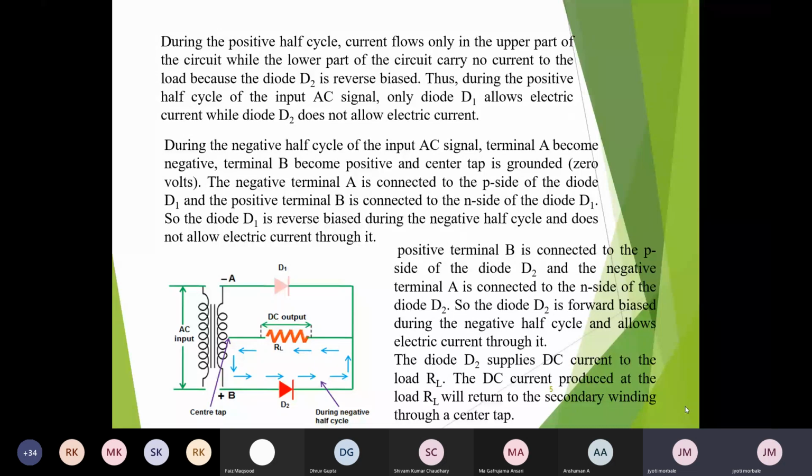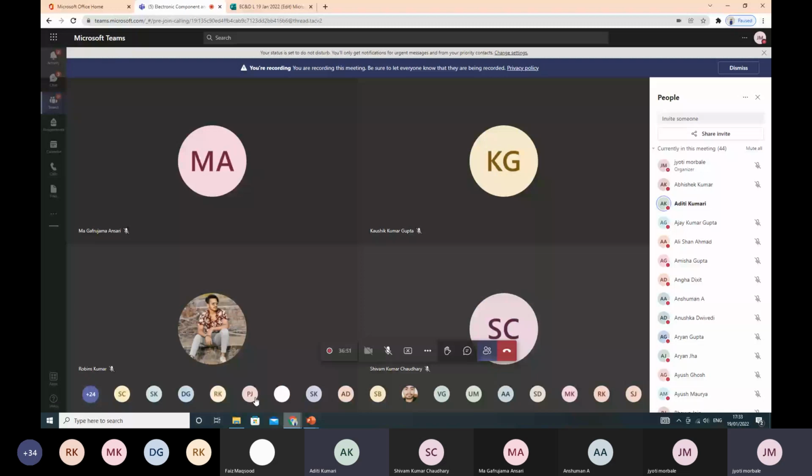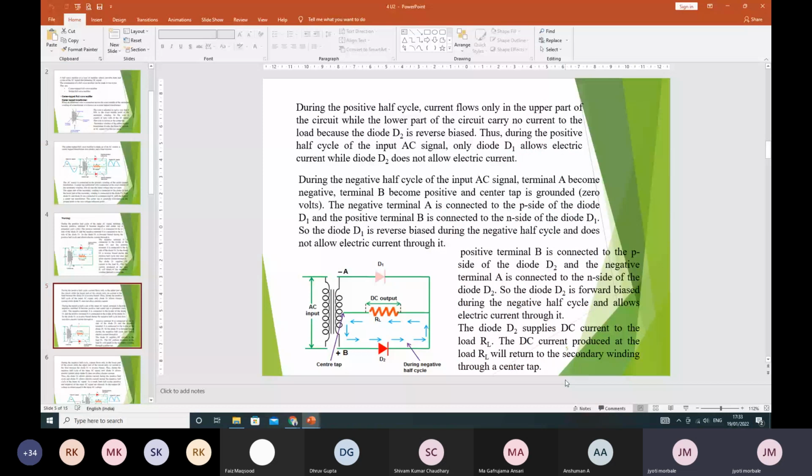As terminal B is positive, the diode moves to the forward bias state. Diode D2 will be in a forward bias state and diode D1 will be in a reverse bias state.